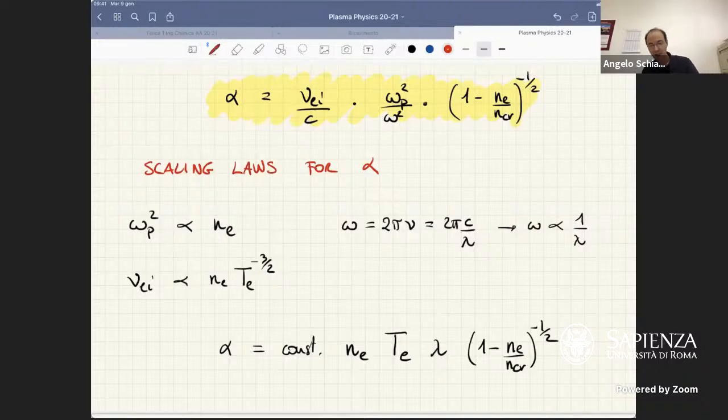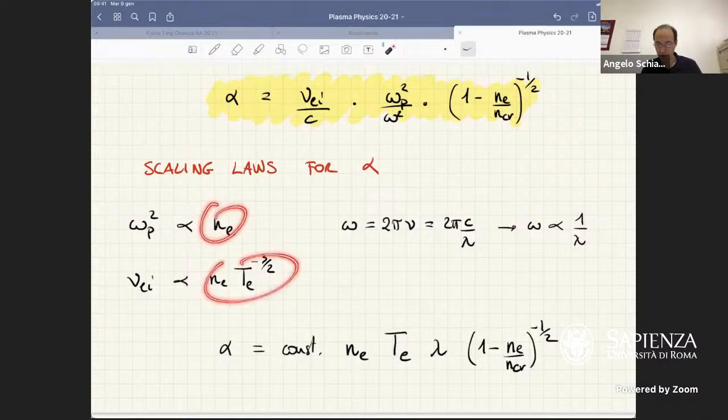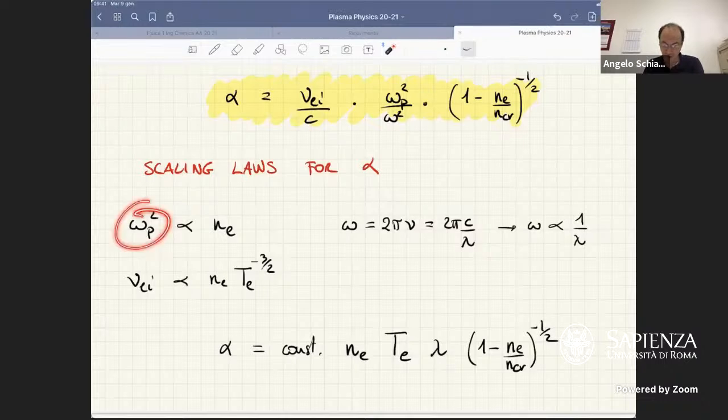And now we put the exponents taken from the scaling law of the different terms. As you can see here, omega p squared goes as electron density, and then we have another linear dependence on the electron density coming from the collision frequency. So Ne goes as a second power: alpha is proportional to the square of the electron density.